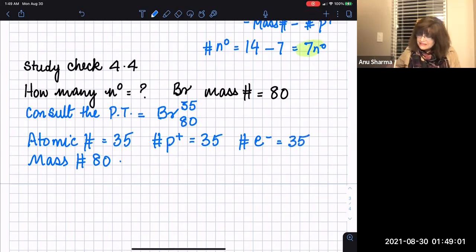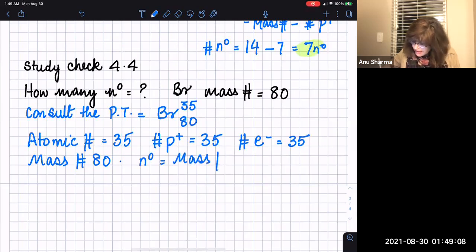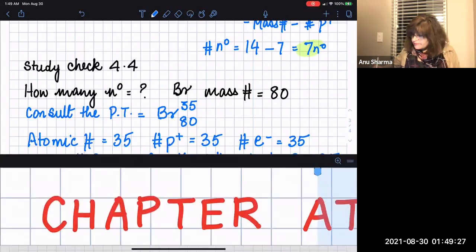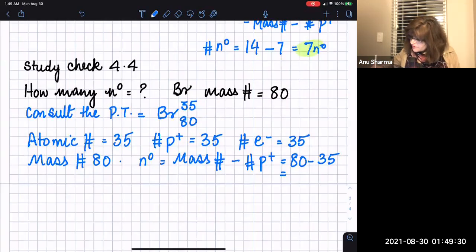Then the mass number is 80. That means the number of neutrons is equal to the mass number minus the number of protons. That is 80 minus 35, and that comes out to be 45. Okay, 45 is the number of neutrons.